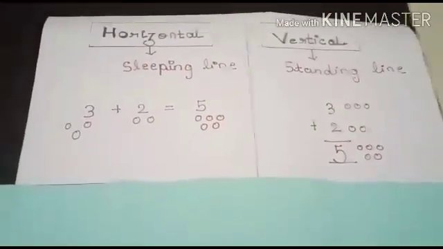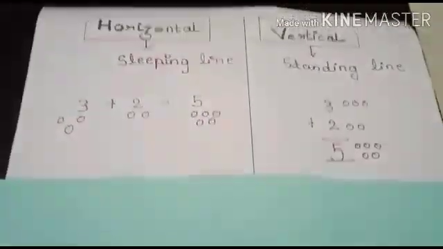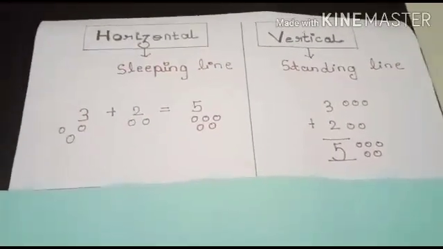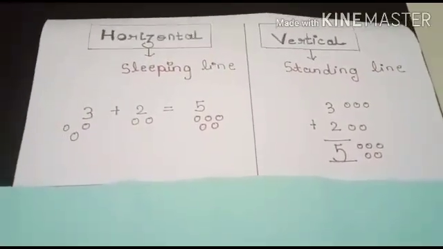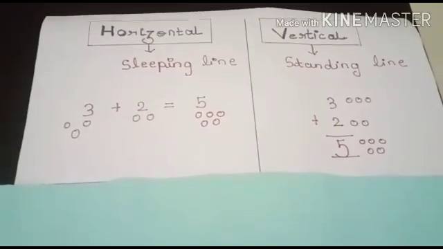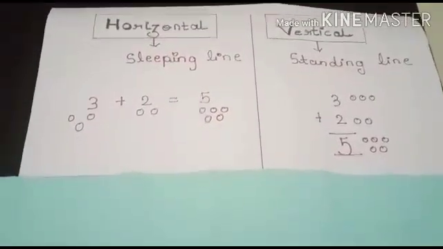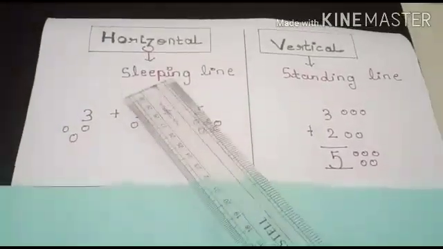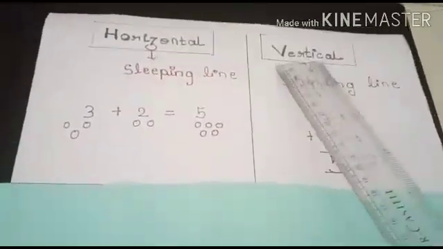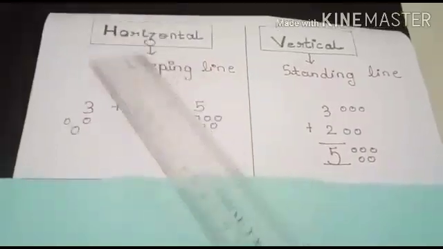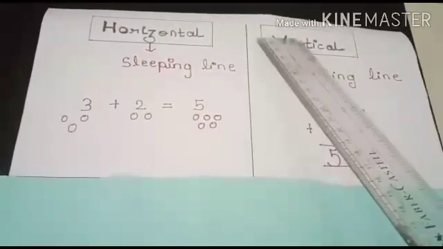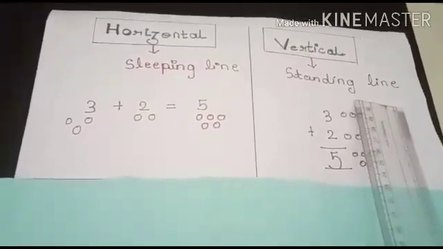So children, we learned about addition, and here we are going to learn how to perform different operations of addition. We can perform addition in two ways, horizontal and vertical. Horizontal means sleeping line and vertical means standing line.